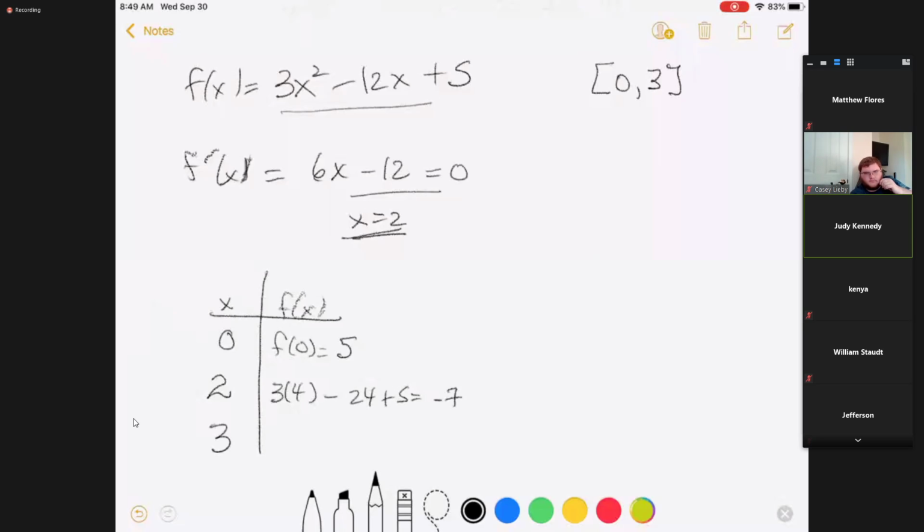And when you put in 3, the other endpoint, you get 3 times 9 minus 36, 3 times 12, plus 5. So that's 27 minus 36, which is minus 9, minus 9 plus 5 is minus 4.